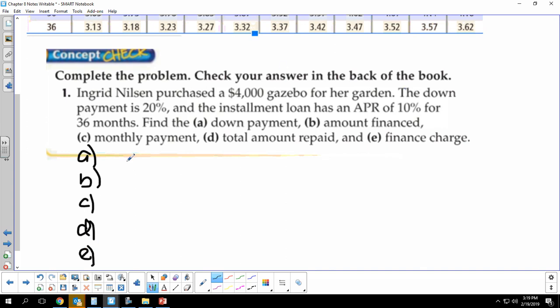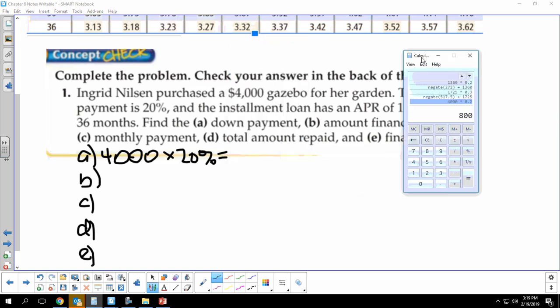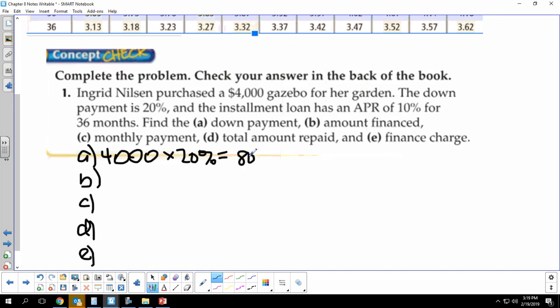So the down payment is $4,000 times 20%. That's $800. Then we find the amount financed: the $4,000 minus the $800 that we put as a down payment. So the amount financed is $3,200.